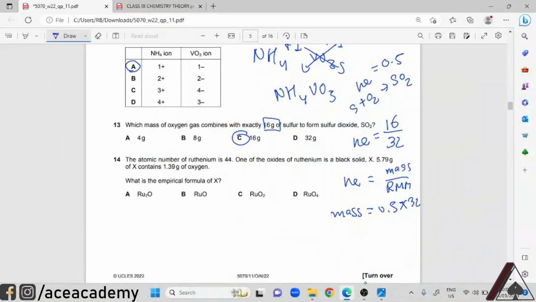And question number 14 says the atomic number of ruthenium is 44. One of the oxides of ruthenium is a black solid, X. 5.79 grams of X contains 1.39 grams of oxygen.